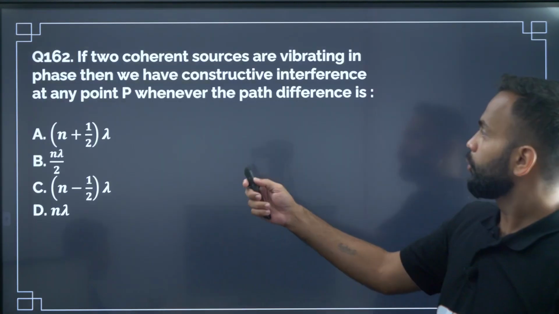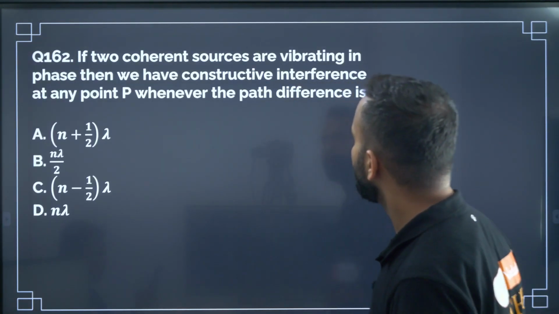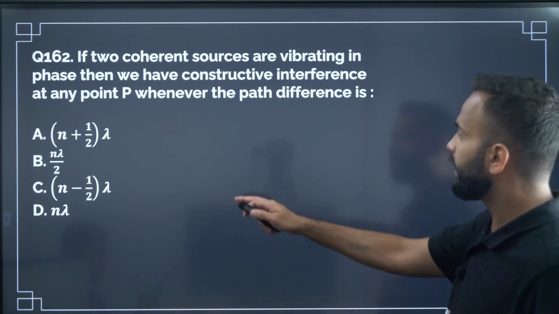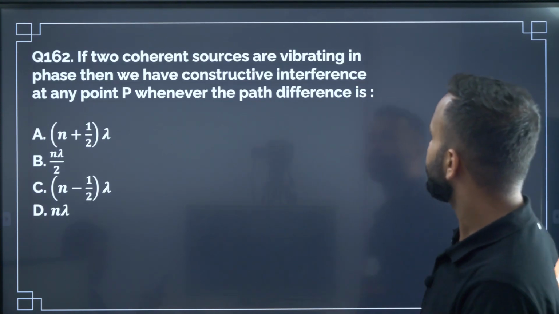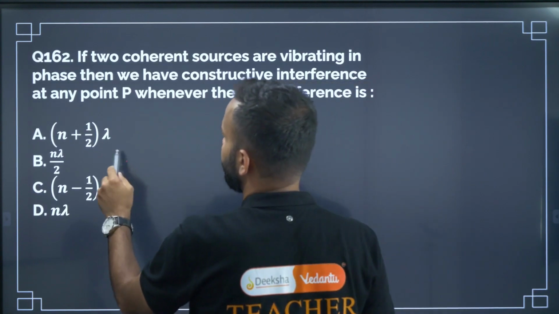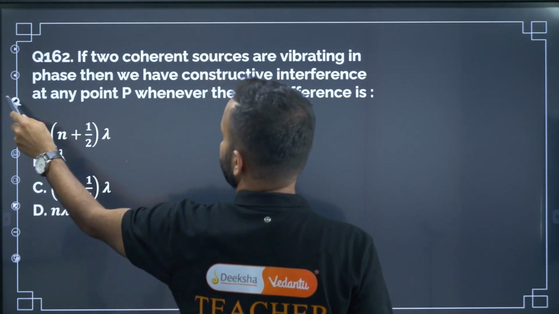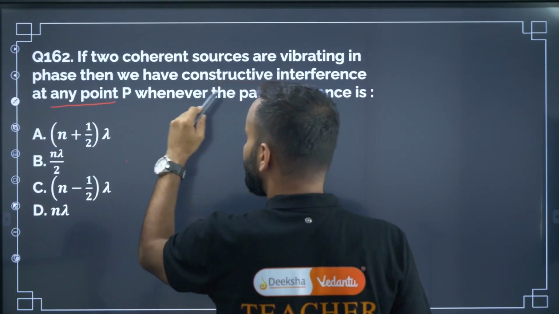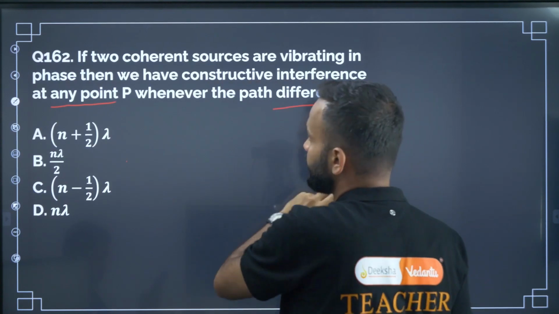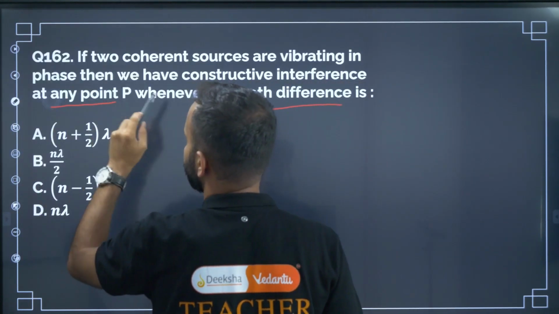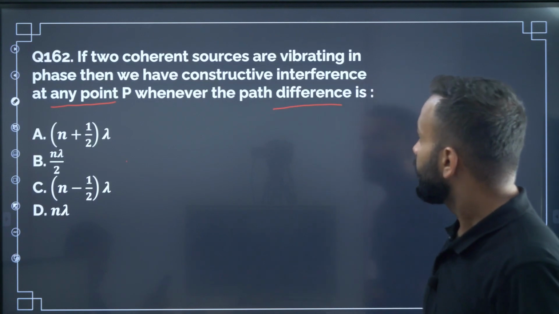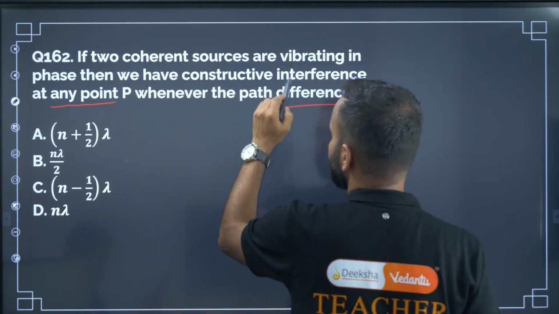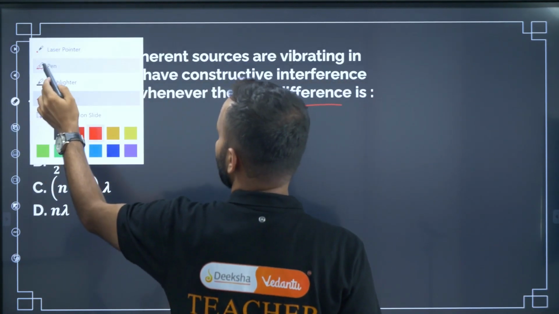Question number 162. If two coherent sources are vibrating in phase, then we have constructive interference at any point P whenever the path difference is. So what is the meaning of two coherent sources?